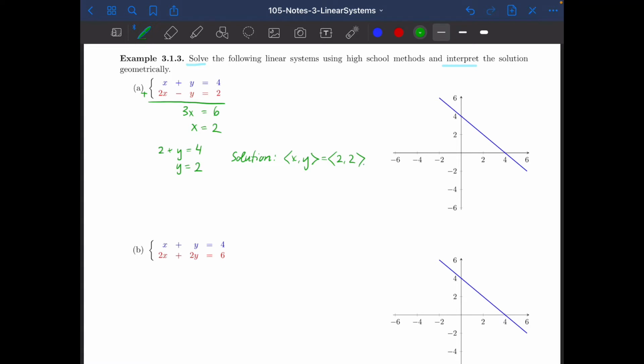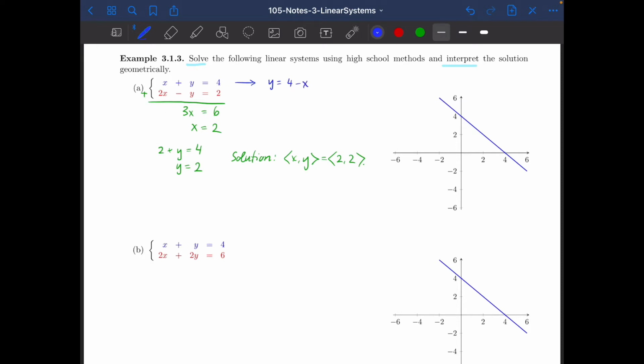Let's now interpret the solution geometrically. Each of our equations is linear. A linear equation in two variables is the equation of a line in R2. We know how to graph lines in R2, and it becomes easy once we solve for y in each of the linear equations. So x plus y equals 4. If we solve for y, we have y equals 4 minus x.